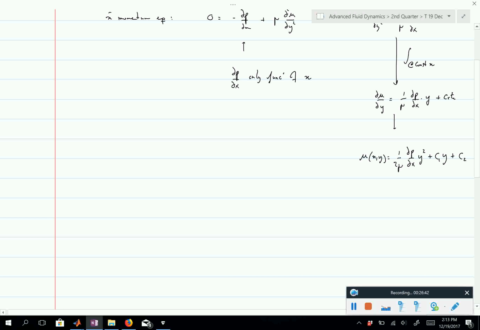Now, we just integrated, so what are our boundary conditions? We need boundary conditions to identify the constants. We have 2, which ones are they?